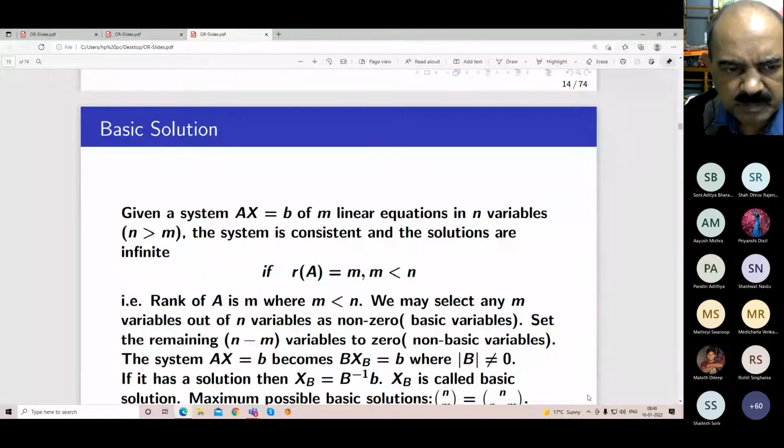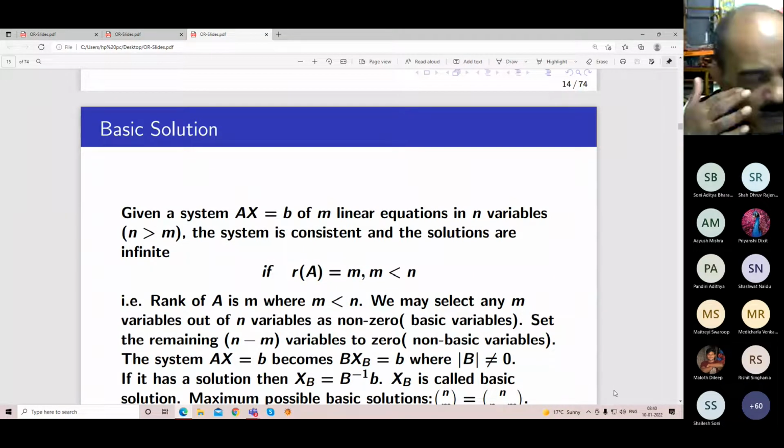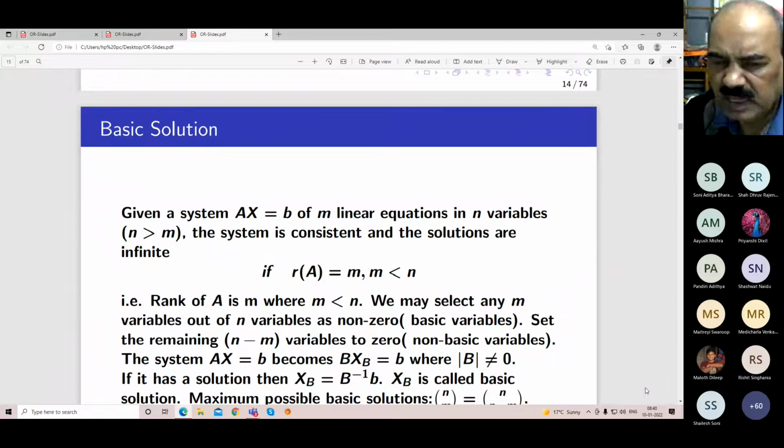Then b is a vector with components b1, b2 up to bm. We are naming this system Ax = b. In general, it has m linear equations and n variables. Nothing is mentioned about whether these variables are negative, positive or zero. They are just variables.